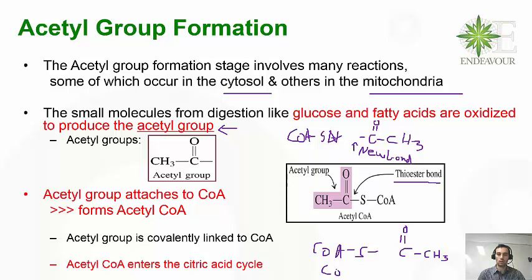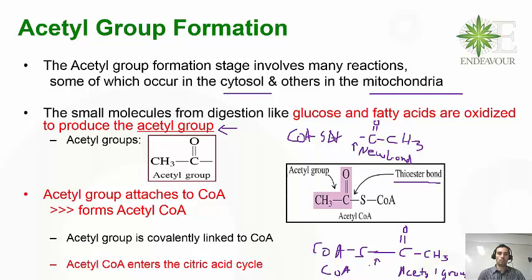So here's our CoA, and here is the acetyl group. And we can connect those two together because each of the carbon and the sulfur needs an extra bond. So this is the thioester bond that we are forming.